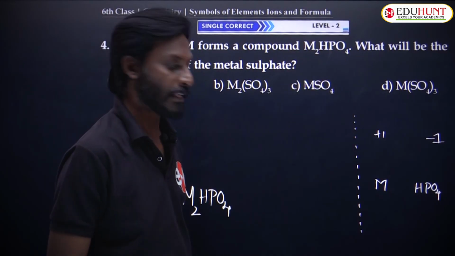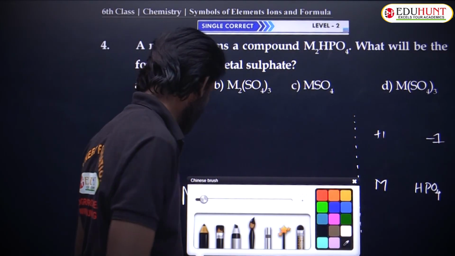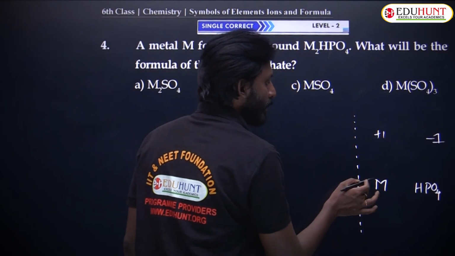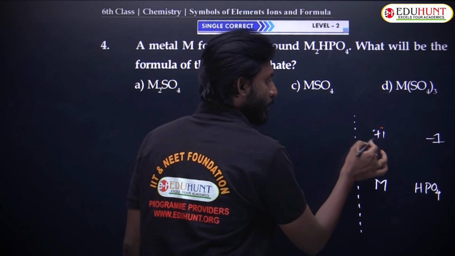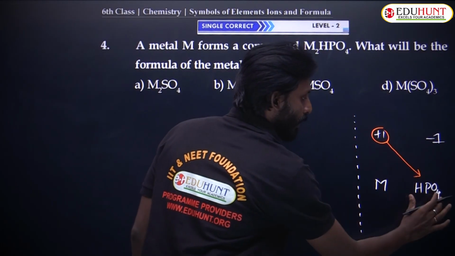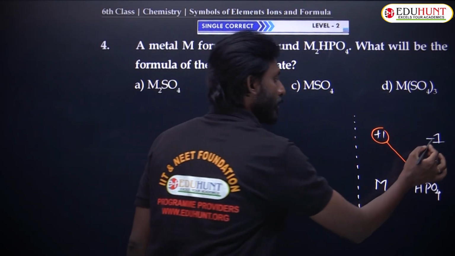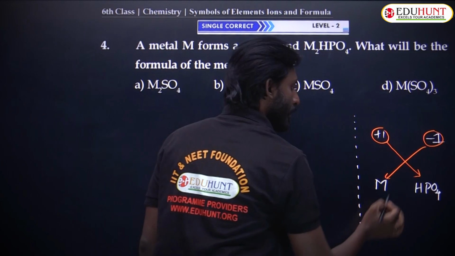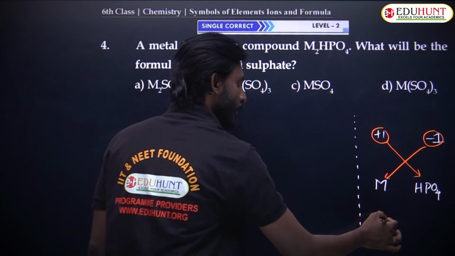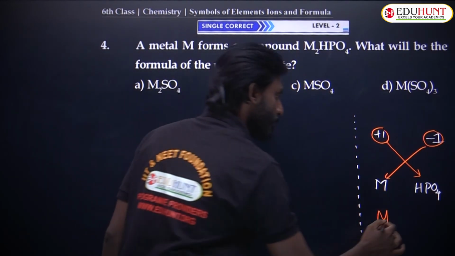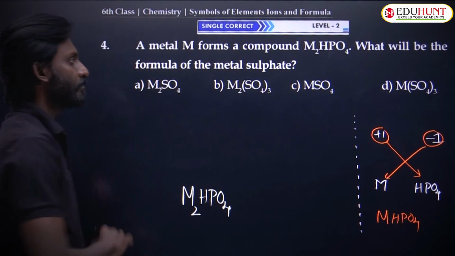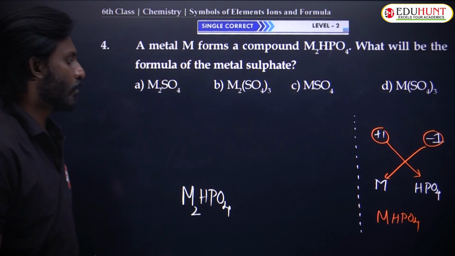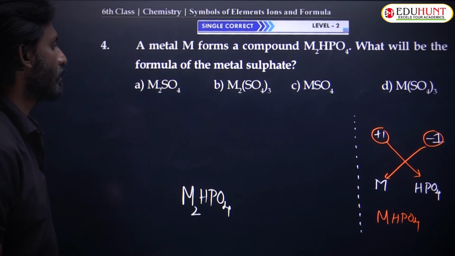You raised the charges. Then after that, what you did? You crisscrossed, right? Because the charge present on M is the subscript, how many of these ions do you have to take? You have to take 1 HPO4. This is also 1 M. That's why M 1 only, HPO4 also 1 only. That's how this formula formed.